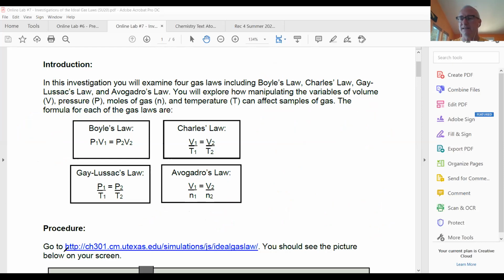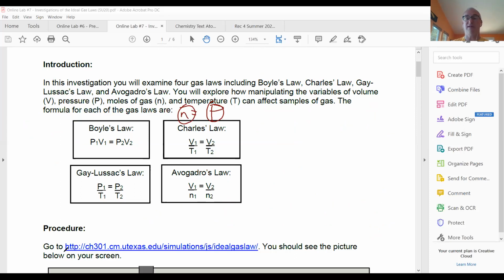In his instance, he wanted to see what the relationship was between temperature and volume. So in this instance, N is constant, and the pressure is constant as well. N stays the same, and P stays the same. Now what we're doing is varying temperature and seeing what effect it has on volume.